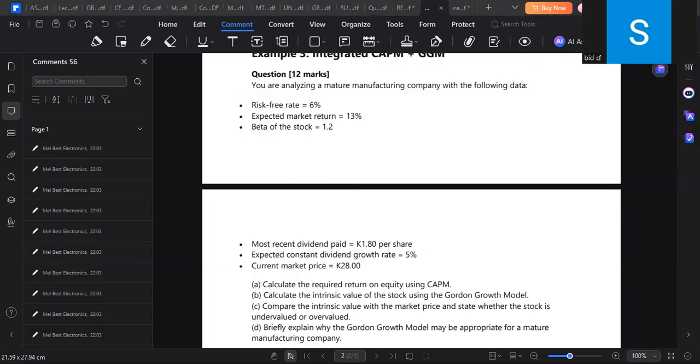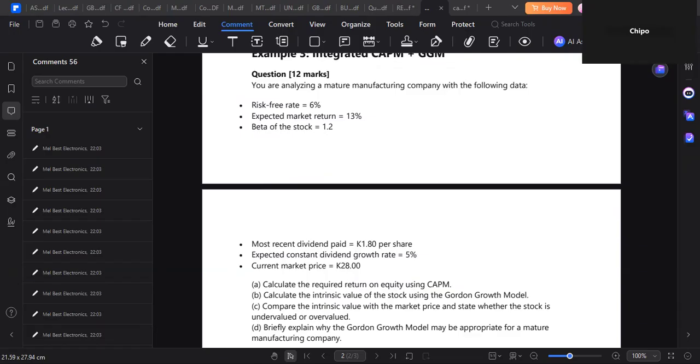And how do we calculate that? You use the formula: risk-free plus beta times, in brackets, expected market return minus the risk-free.